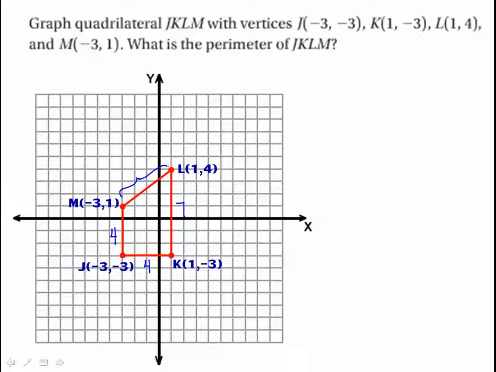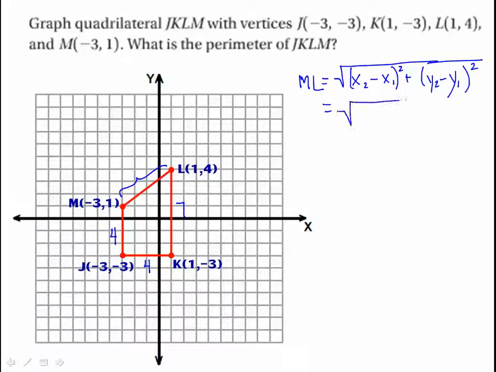However, I cannot count from M to L, so I'm going to need to find the length of this segment. The way I would do that is I would go back to my distance formula, and ML is going to be found by finding the distance using the square root of x2 minus x1 squared plus y2 minus y1 squared.